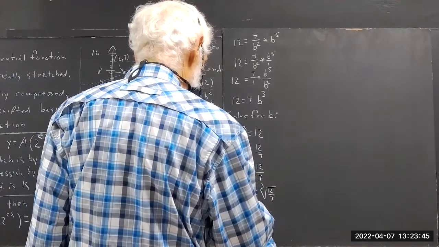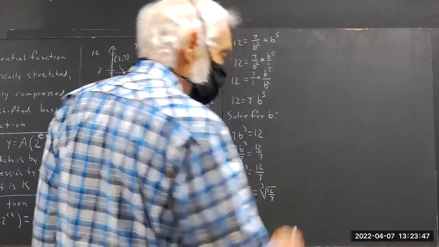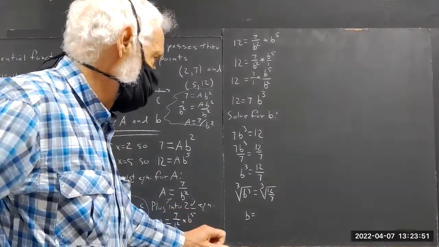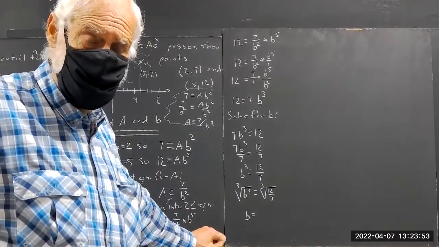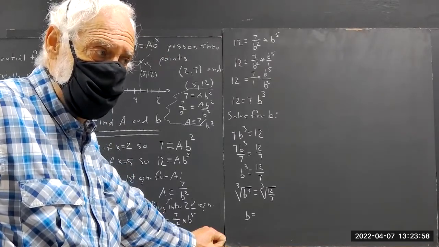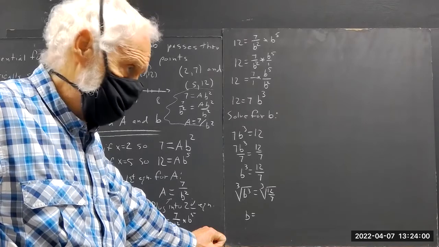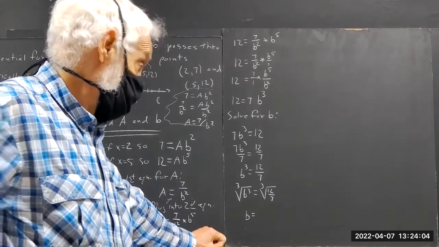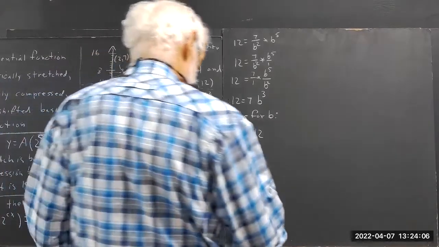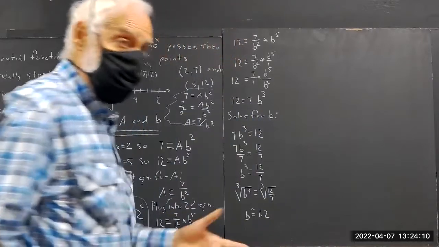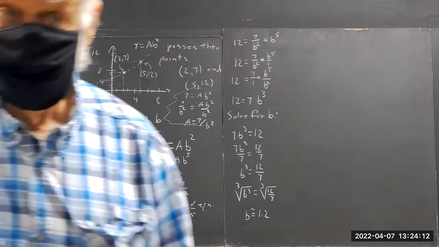So B equals the cube root of 12 sevenths. But what's the cube root of 12 sevenths? Well, 12 sevenths is about 1.7. If I cube 1.2, I get about 1.7. That's pretty close. So B is about 1.2. Put that into your calculator.